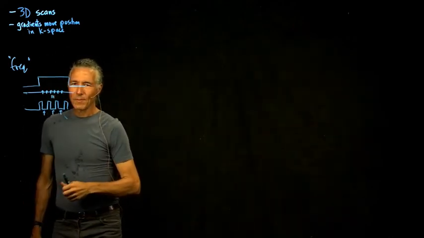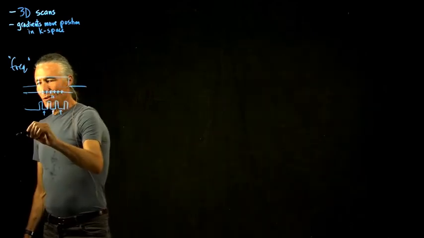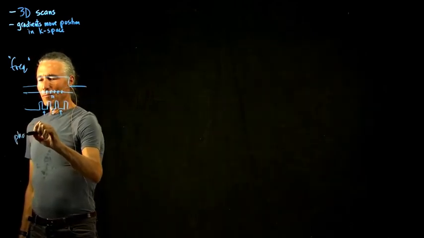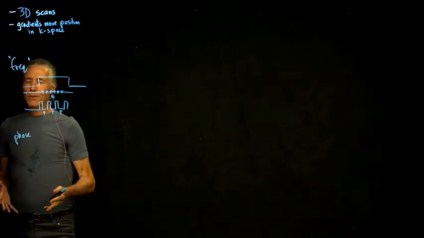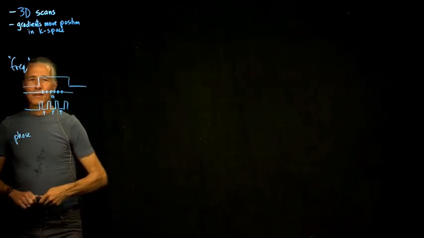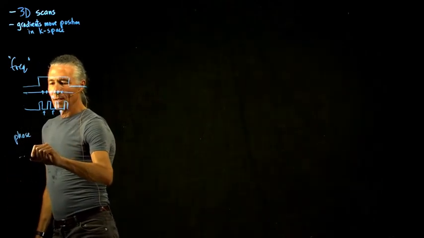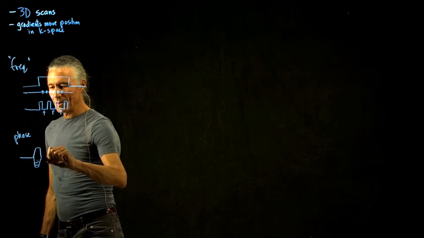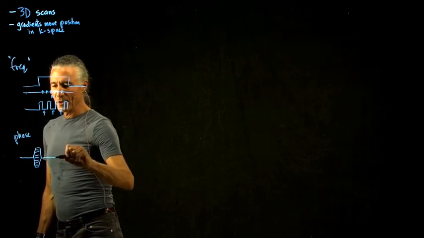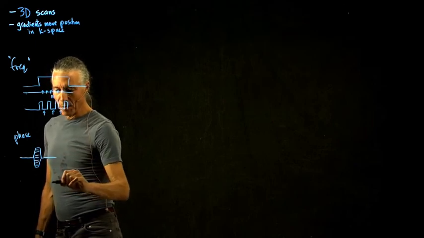If you think about phase encoding, normally the definition is that you do it before you record. You pick out a particular phase encoding step, you do that, and at a later point in time you record.